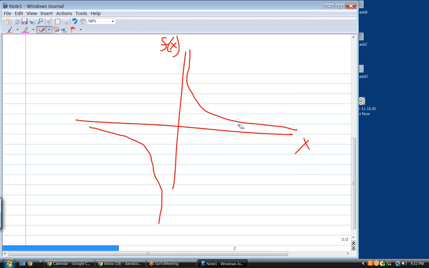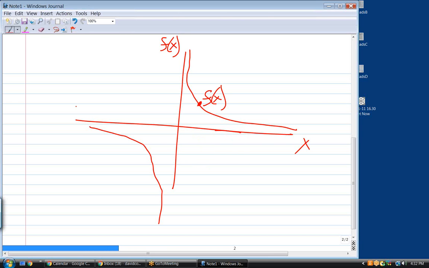This is x, and that's f of x. As I move to the right, f of x is getting smaller, smaller, smaller. It's approaching this line y equals 0. You with me? Yep.